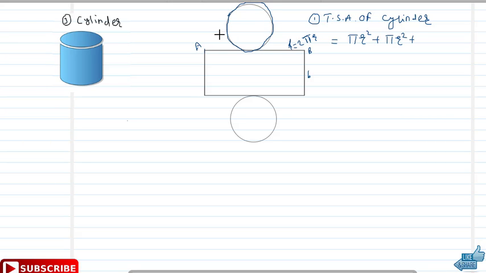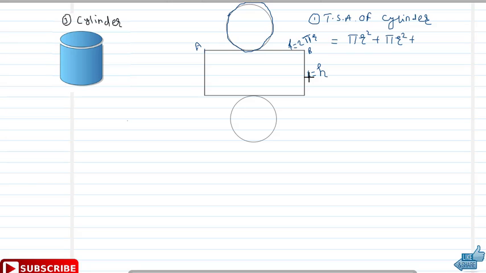So can I say this length is 2 pi r? Yes, obviously we can, because this AB, that is the length of this rectangle, covers the circumference of this circle. And this breadth is nothing but the height of this cylinder. So instead of B, can I write here H? Obviously we can write H, because breadth is a variable, so instead of writing breadth, we are writing height, that is also a variable.